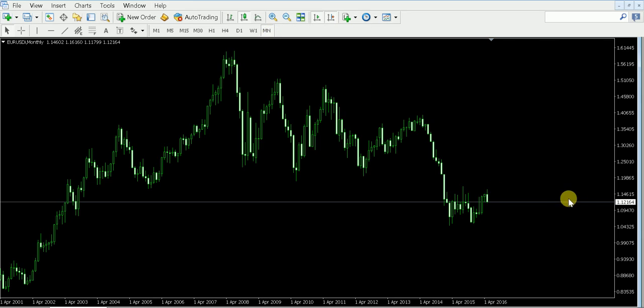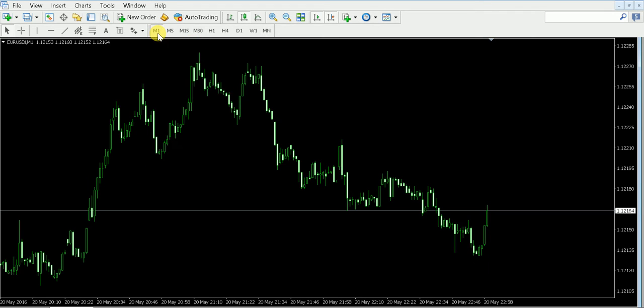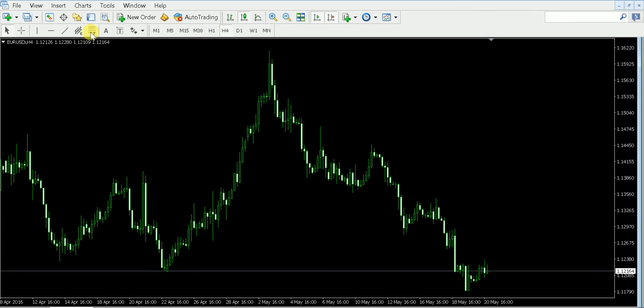On the monthly time frame, this is roughly 2,000 pips here. Same candle on a small time frame, roughly 2 pips. That's just to give you a basic understanding of what you're looking at here.